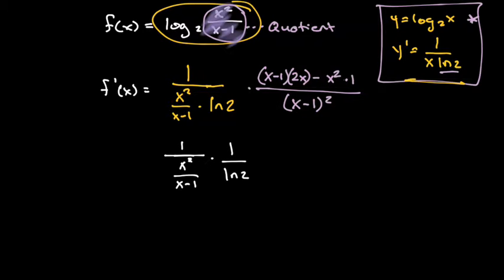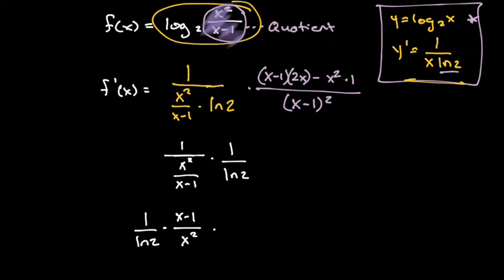The reason I do that is so I can see what's a constant, which I can pull out front. Then 1 over on that first term reciprocates it, so I could rewrite that as x minus 1 over x squared, multiplied by 1 over ln of 2. I'm flipping that to the front just because it's a constant.